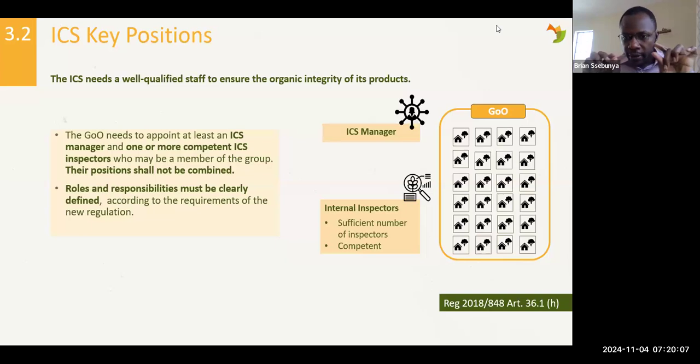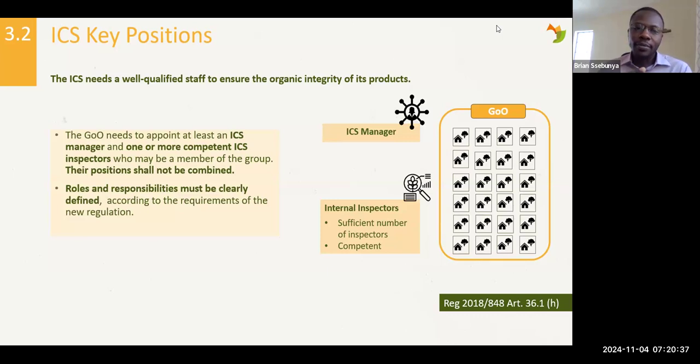Those are the bare minimum for an ICS to stand. It should have an ICS manager and it should have internal inspectors. As we shall see, the number of internal inspectors depends on the size of the ICS, on the geographical distribution of the ICS, etc. But at least it should have somebody that is called an ICS manager and somebody or many people called internal inspectors.